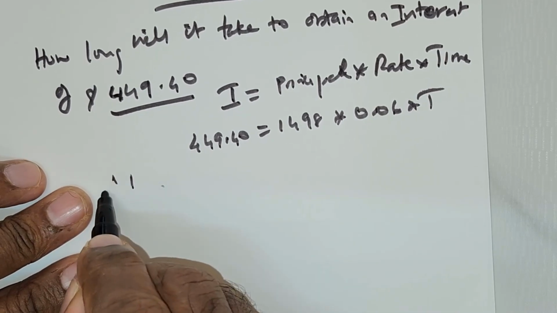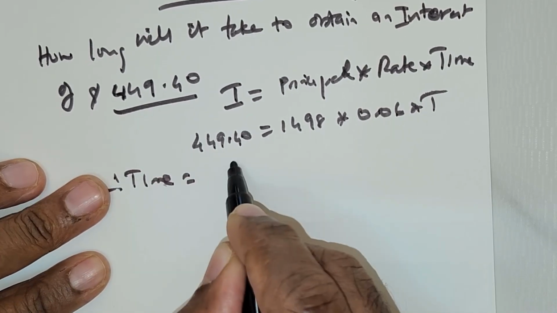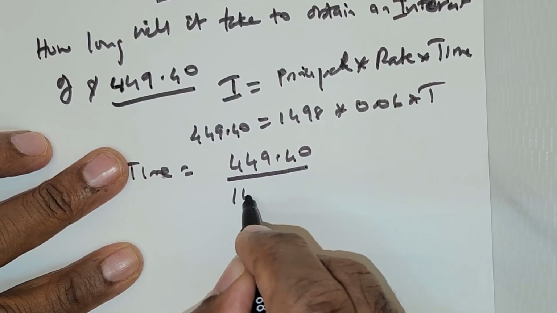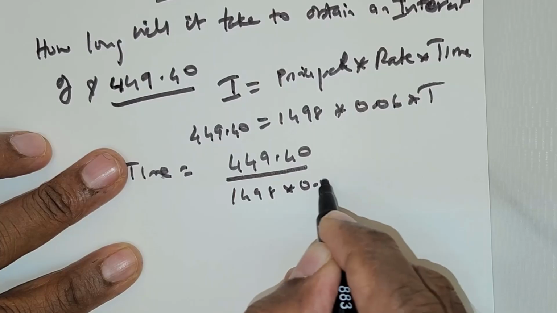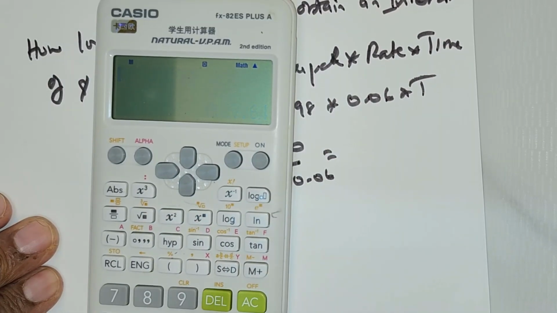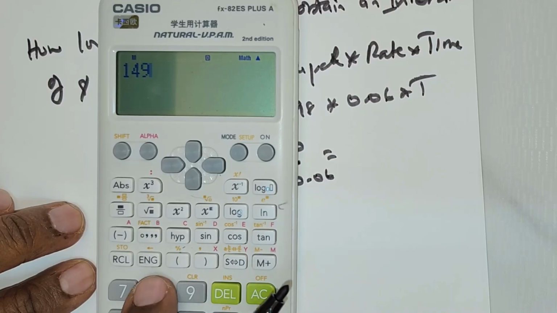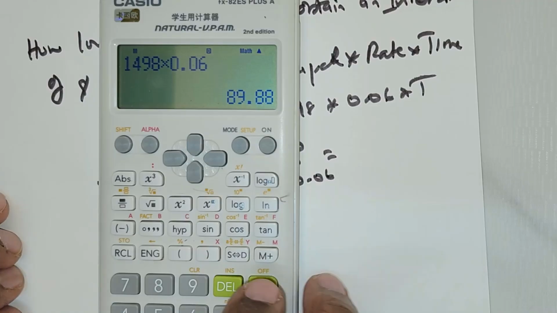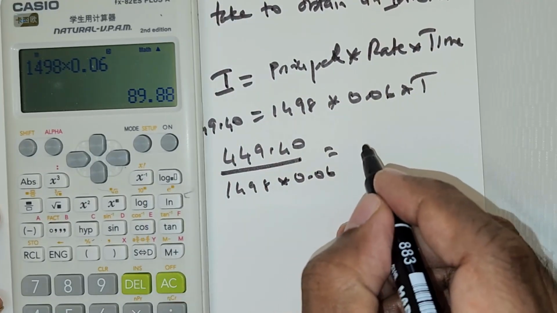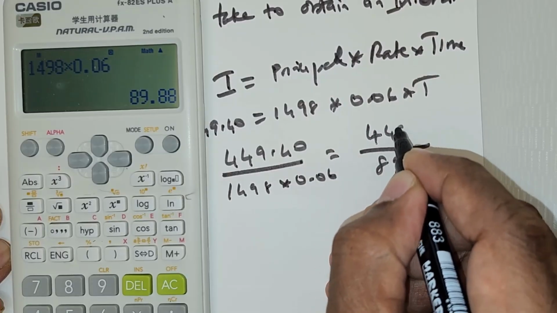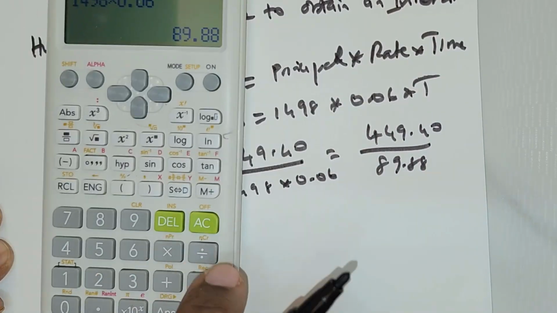So therefore time is equal to 449.40 divided by 1498 times 0.06. Now foremost, 1498 multiplied by 0.06, what is that? That gives me a value of 89.88, and you have 449.40.